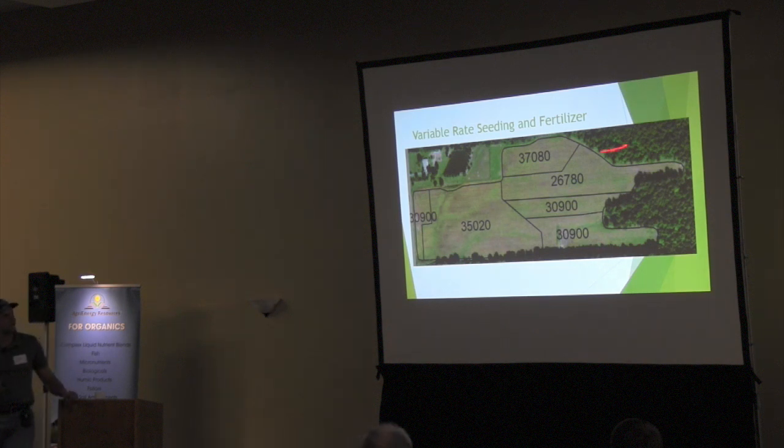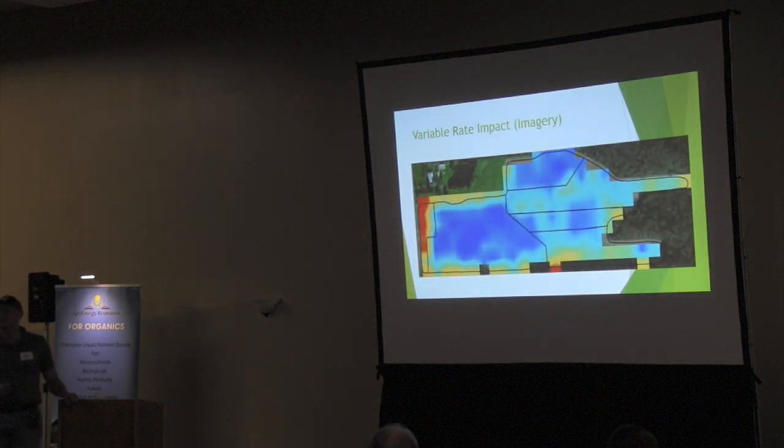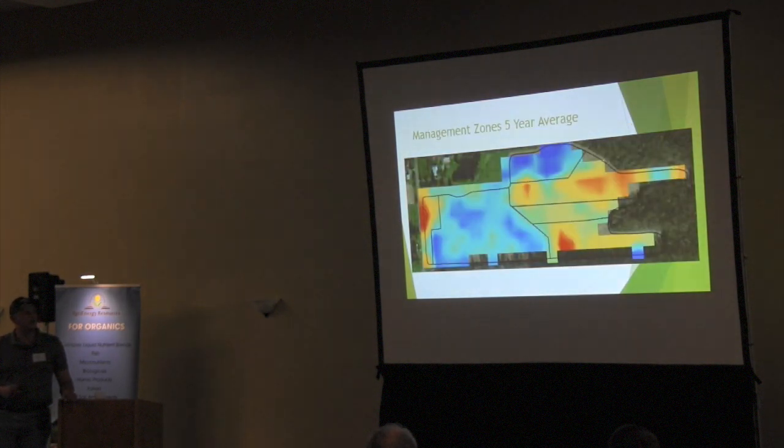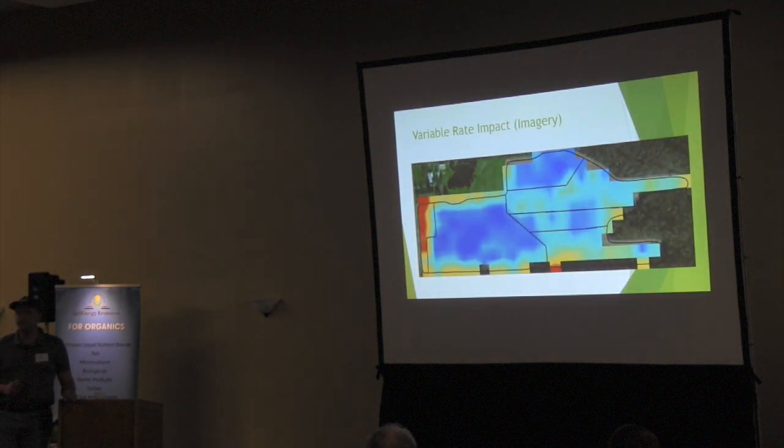So we go out and we plant these zones. First image after we planted the zones. Okay? Zones still hold true, but we've picked up quite a bit. I'll flash back. So our 5-year average of what the field should look like, what we're able to do with variable rate seed. Questions too, if you ever want me to stop, say something.